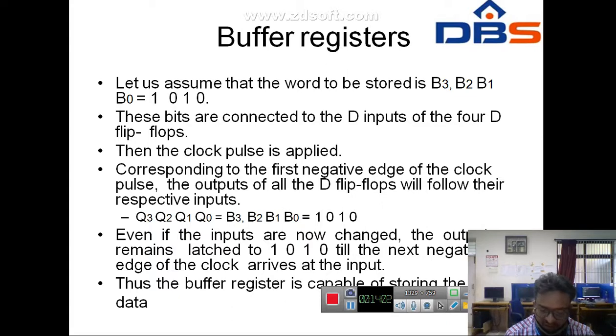Now we will consider the concept of storing binary information, either 1 or 0, in a flip-flop. A binary 1 is applied to the input as shown in this example.